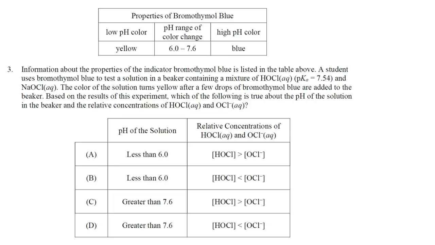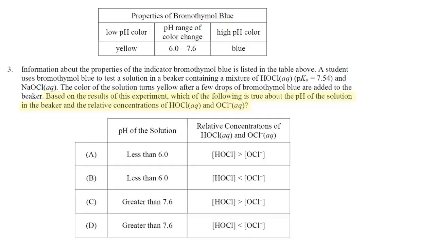Now, the color of the solution turns yellow after a few drops of bromothymol blue are added to the beaker. And the question says, based on the results of this experiment, which of the following is true about the pH of the solution in the beaker and the relative concentrations of the HOCl, or the hypochlorous acid, and the OCl minus, or the hypochlorite ion?